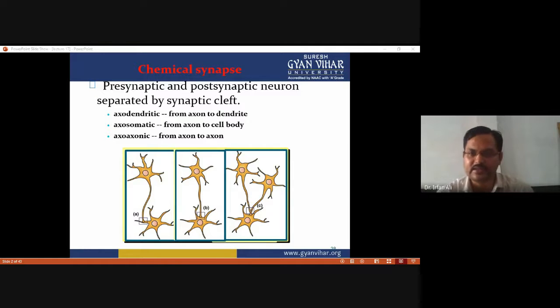So as in the third figure, you can see that the axon of the first presynaptic neuron links with the second presynaptic neuron. The axons of both neurons are linked together. If this kind of condition is found, then the term used is axoaxonic chemical synapse.